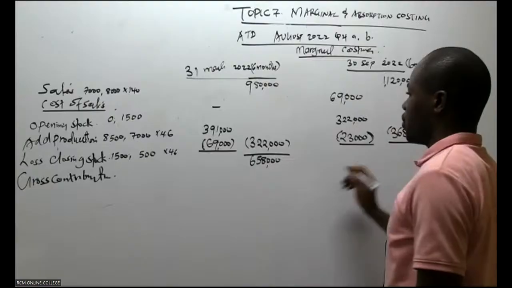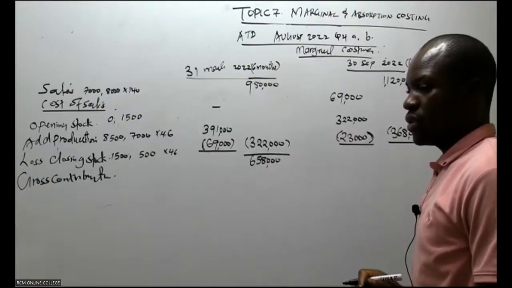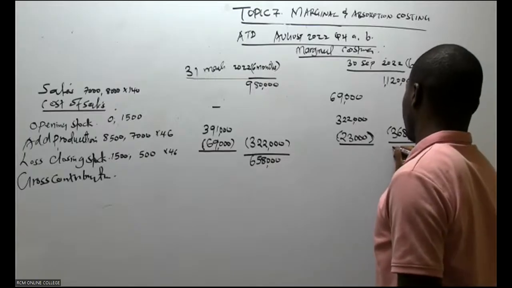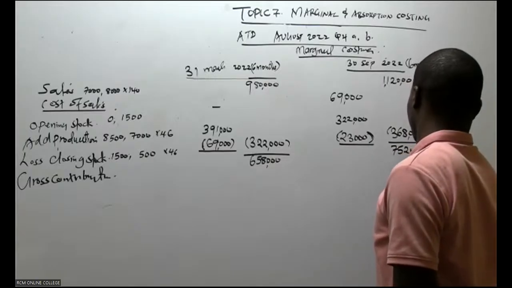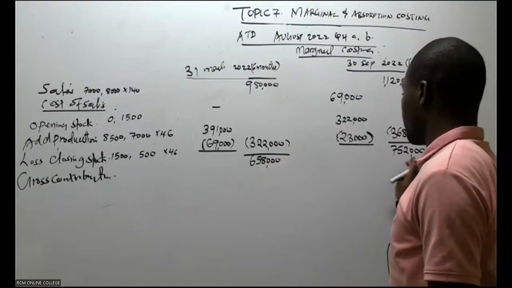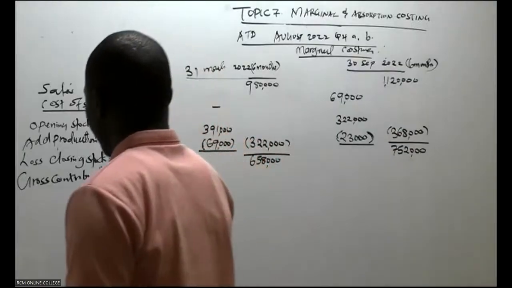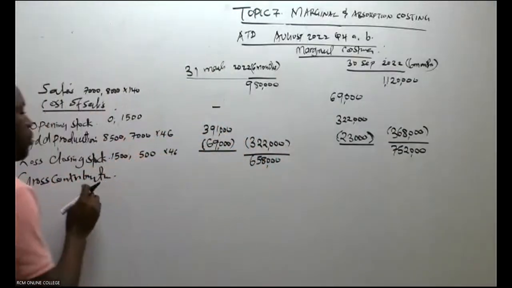What do you have as the gross contribution? 752,000, is it? Now, after getting 752,000, this one here is basically the variable production cost.